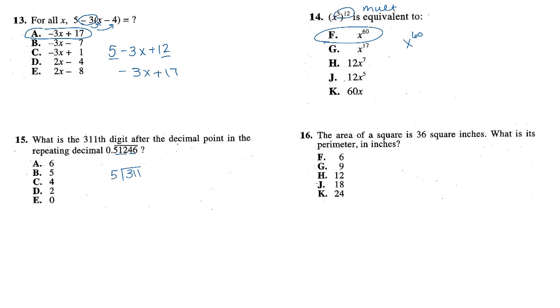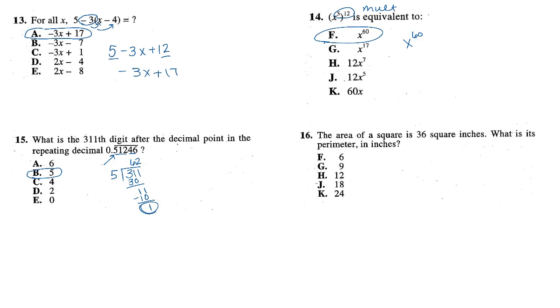And so we're going to old school this. We know that's going to be 30 and 11. So we're going to have 2. And we look at the remainder because this remainder tells us which digit we're at. And so with this, we see that we're at the first digit, and that first digit is a 5. So that's going to be answer choice B.